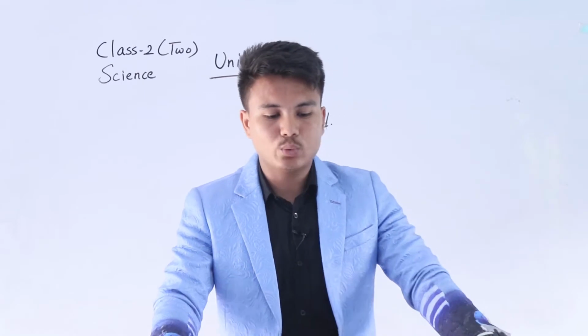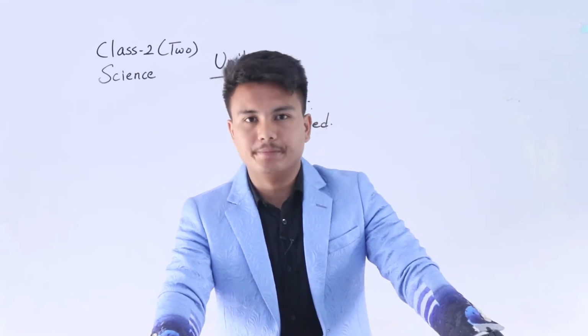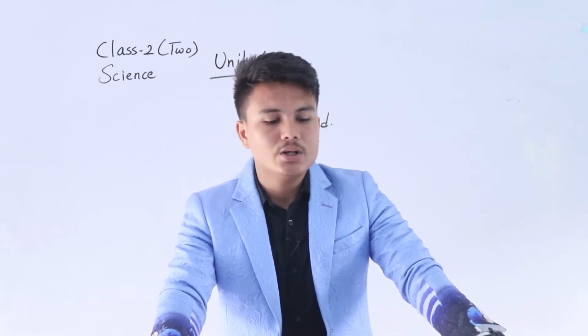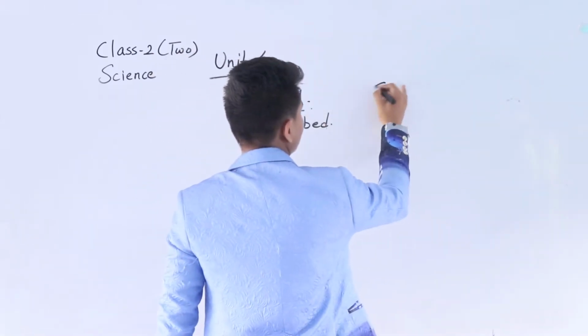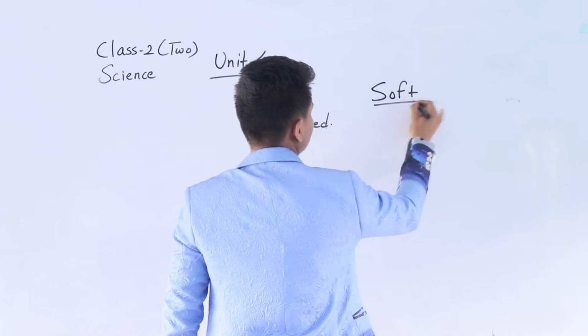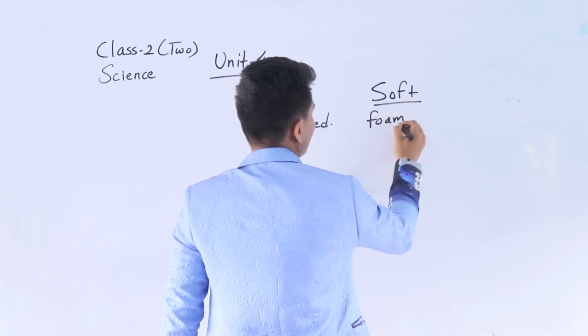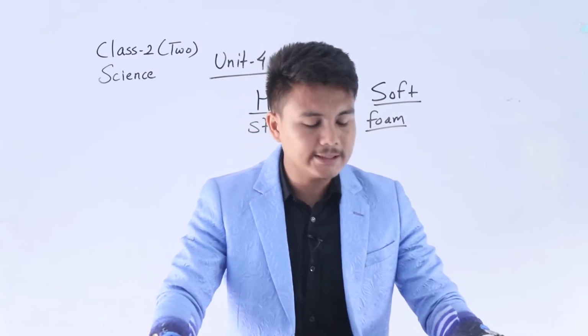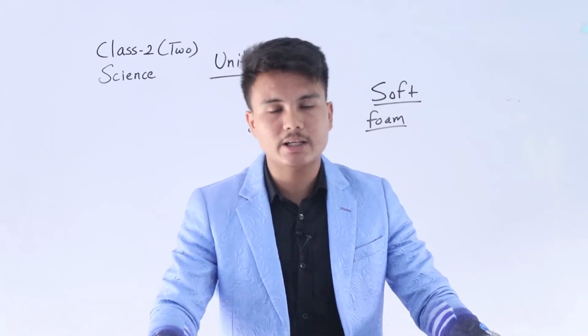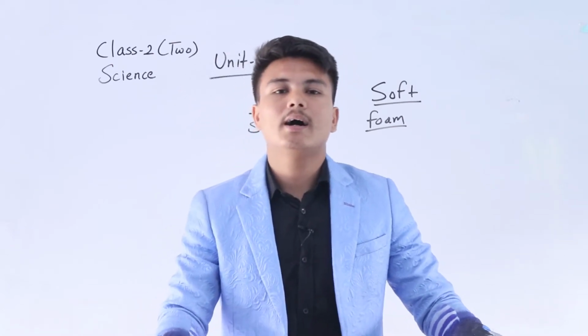That's why we can't sleep on a hard object. A bed has foam, and the foam is soft. So these are the various kinds of materials which are soft or hard.